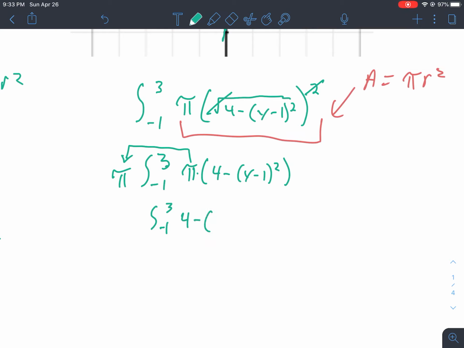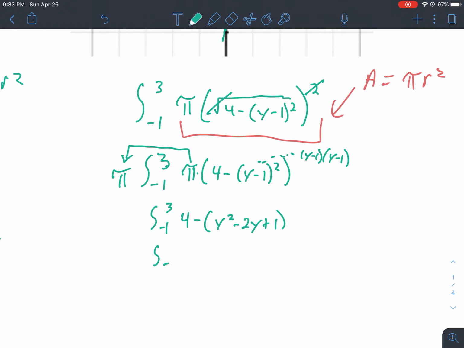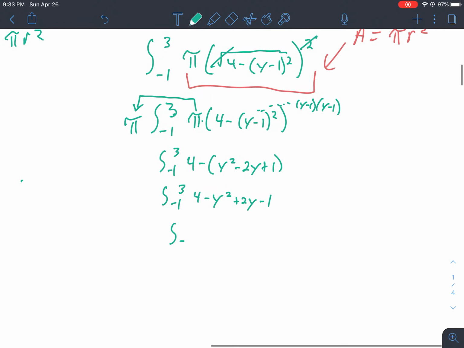And then 4 minus (y minus 1) squared: (y minus 1) times (y minus 1) is y squared minus 2y plus 1. So then it's -1 to 3 of 4 minus y squared plus 2y minus 1, or -1 to 3 of -y squared plus 2y, and then 4 minus 1 is 3.